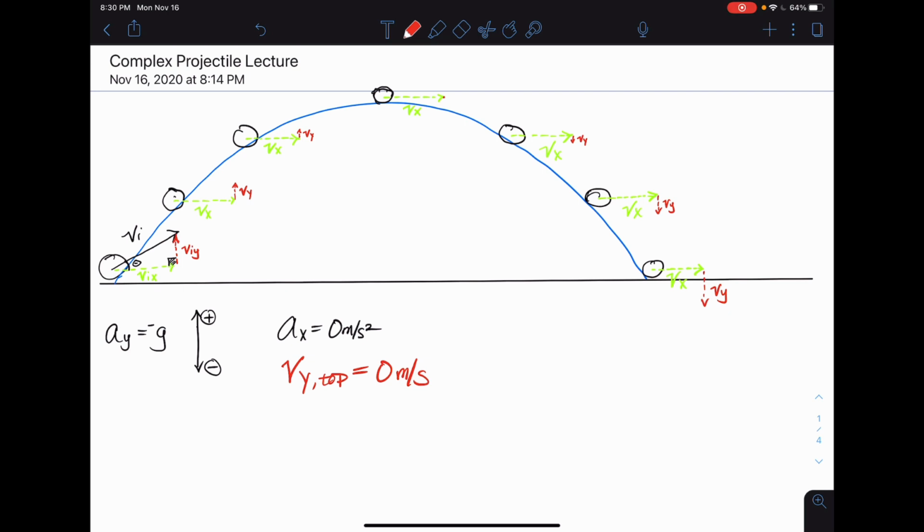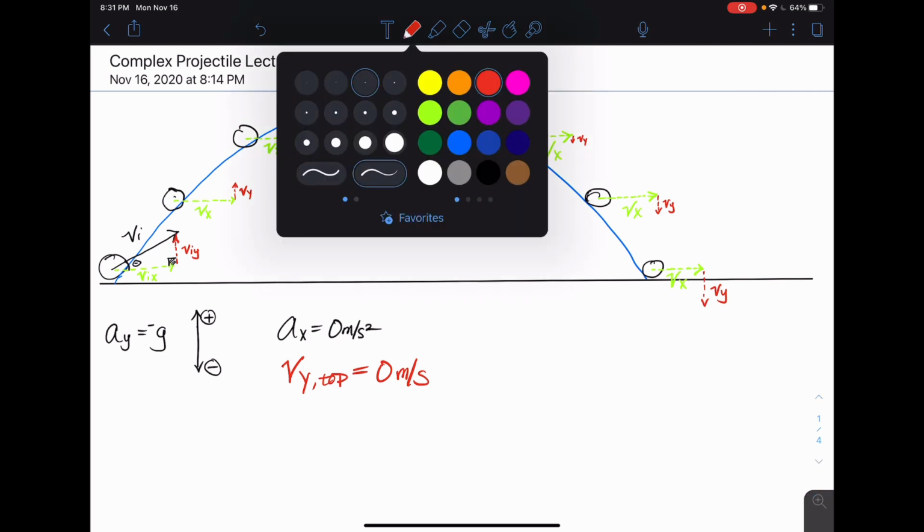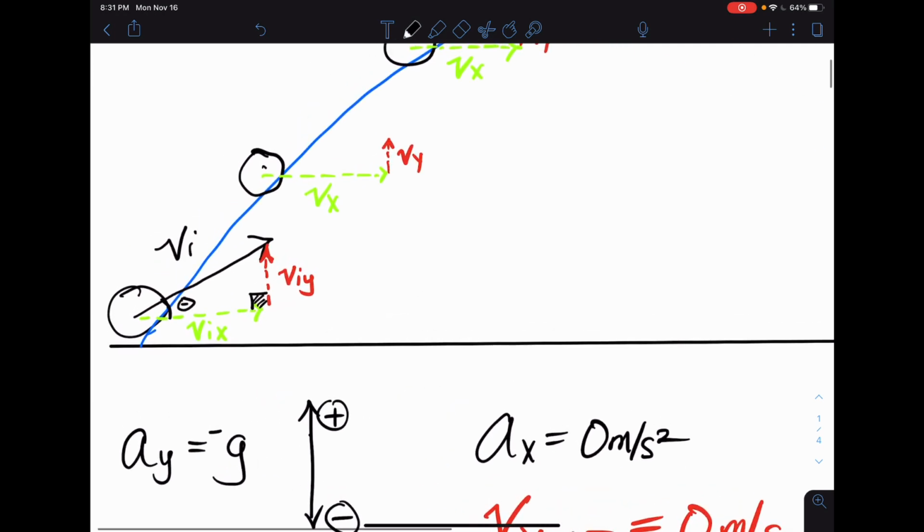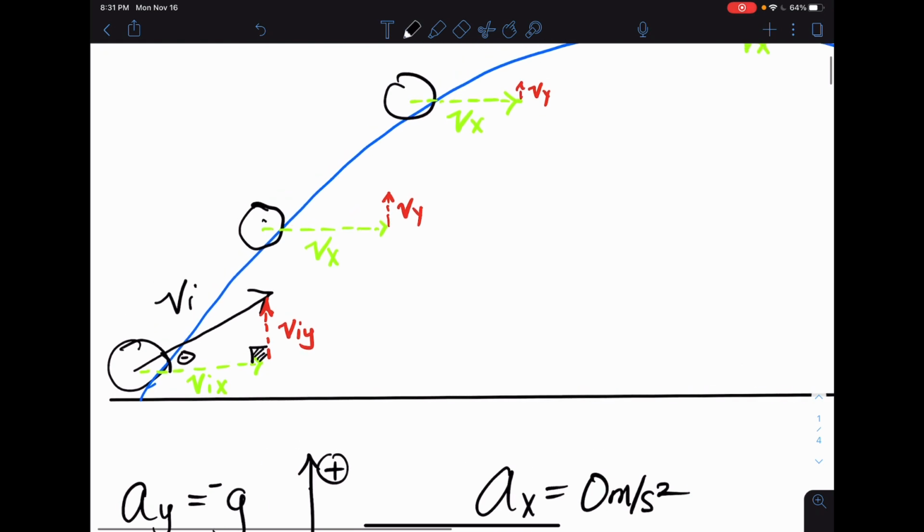All right. And so what you can see if I zoom out then is how the y velocity changes throughout this motion. Now, the total velocity is the vector addition, head to tail, black arrow that I'll draw here, of all of these points. And so let me go ahead and draw that in. So we see Vi is right there. And a good question would be, well, does it stay the same?